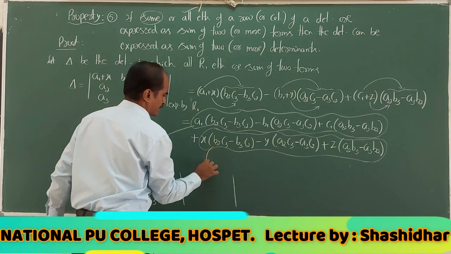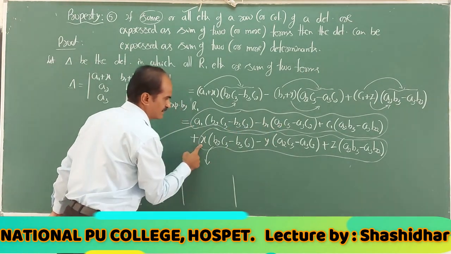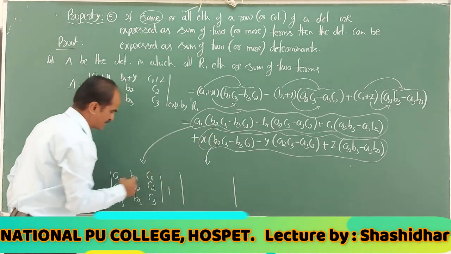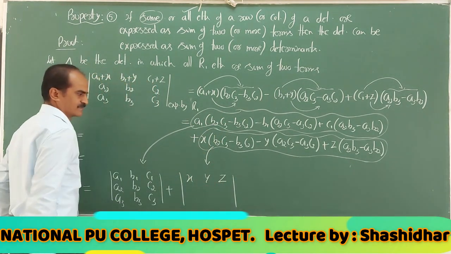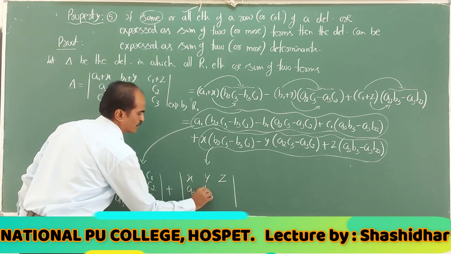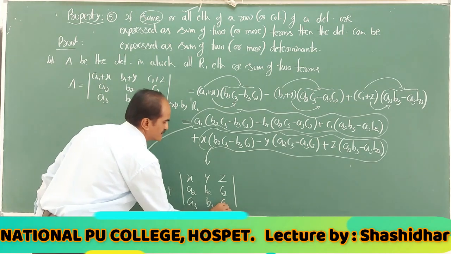You can write it as another determinant. What is the difference? In the place of A1, B1, C1, we have X, Y, Z, where A1, B1, C1 were in the first row. So here I write X, Y, Z. Second row A2, B2, C2. Third row A3, B3, C3.